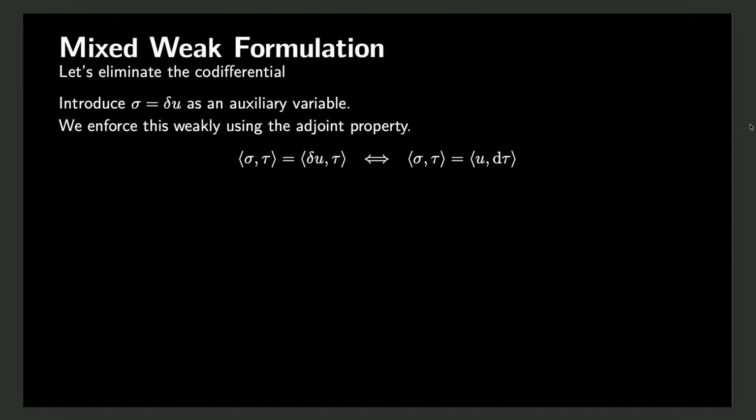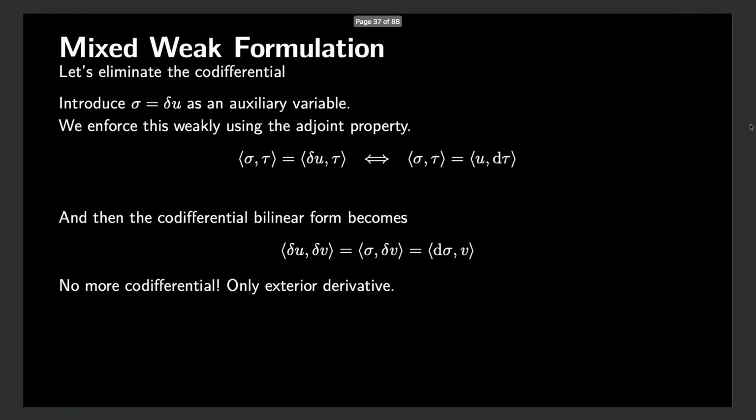Then we can use the adjoint condition again to move the codifferential to the test function, where it becomes an exterior derivative. Now in our bilinear form, we can replace delta u by sigma, and for the other codifferential, we also use the adjoint property and move it to the other side, also becoming an exterior derivative.